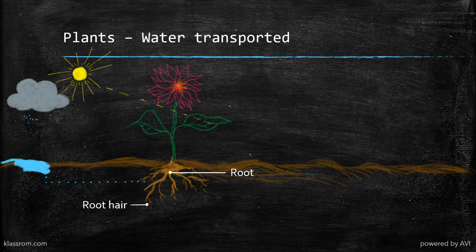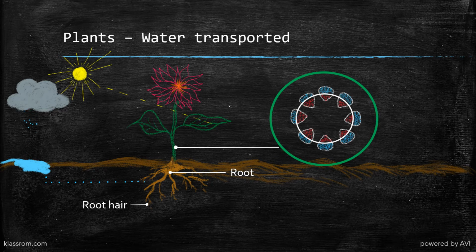The root hairs help increase the surface area of the roots, thereby able to extract water between soil particles, and then transport it via the stem into the leaves. The stem contains vascular tissues called xylem. Xylem are pipe-like structures which help transport water to the leaves.